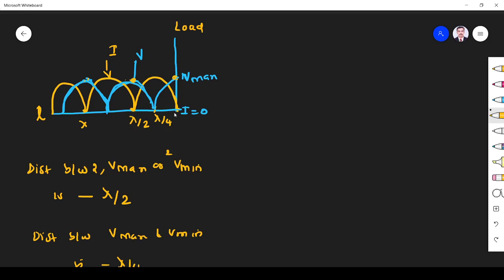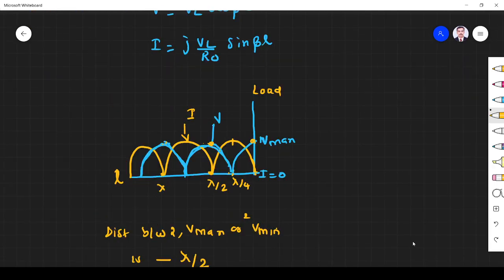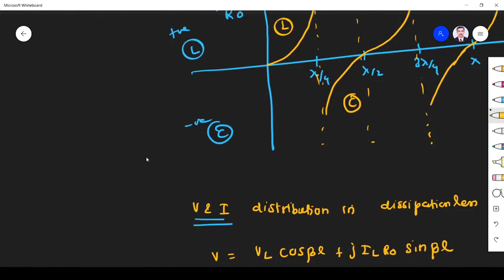So the distance between two minima is lambda by 2. Distance between maximum and minimum: you see here V max, V minimum, lambda by 4; I minimum, I max, lambda by 4. That is very, very important. Then the first, second point. Let us assume this is the first point.